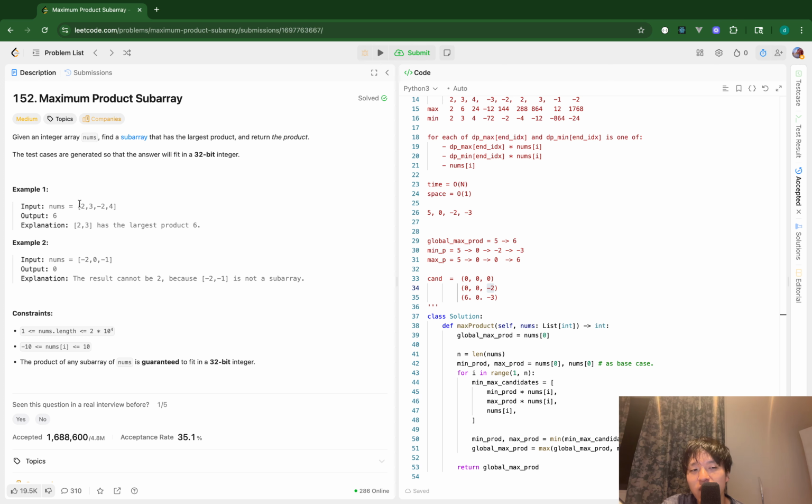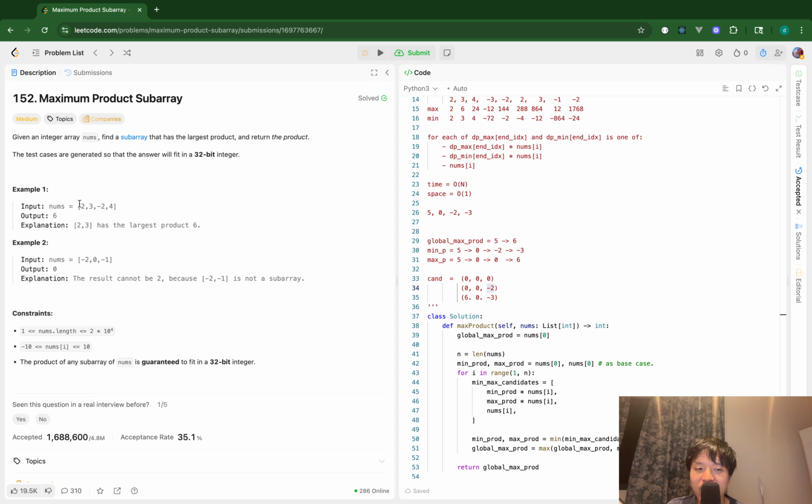Okay, so in this question, I solved this with dynamic programming, bottom-up approach. And I thought of the maximum product which ends with each index, and I return the maximum one out of them.